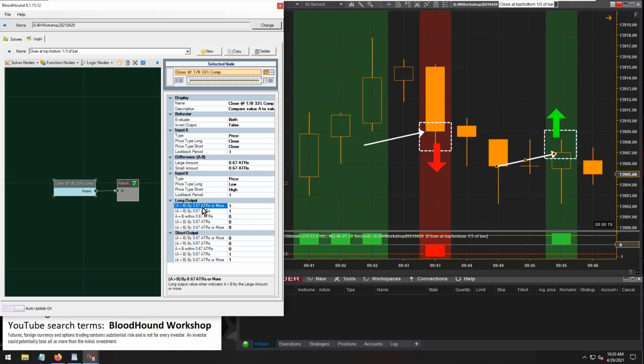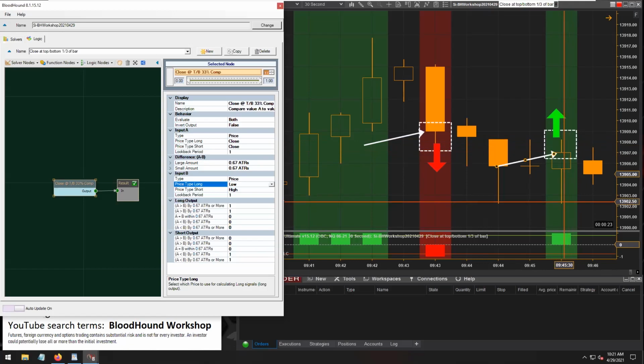Because of the way the outputs are set up, that's the reason why we had to reverse a few things. For a long signal, we're comparing off of the low of the bar, when intuitively you're probably thinking, oh, we should be comparing the close to the high of the bar.